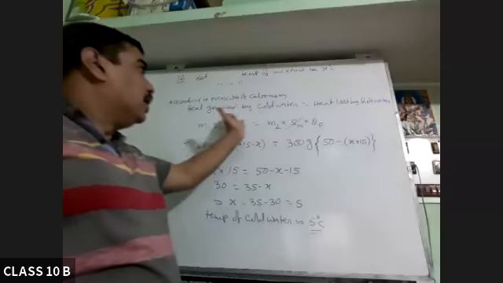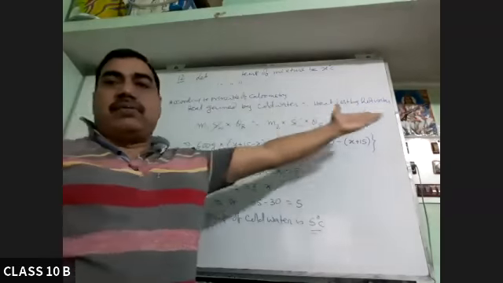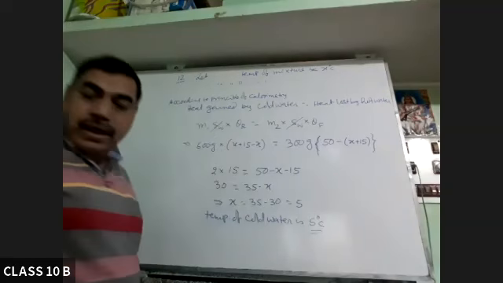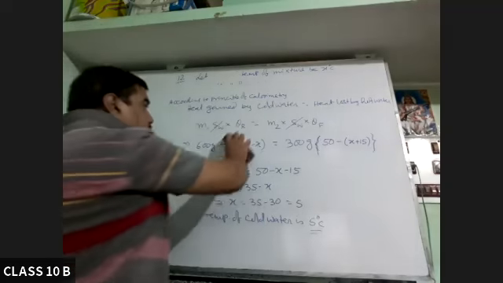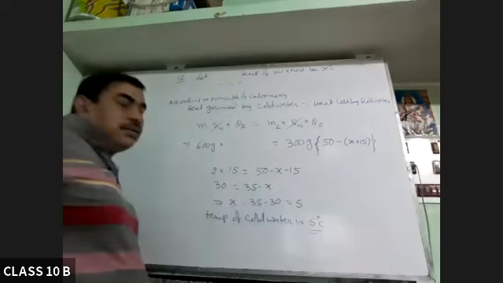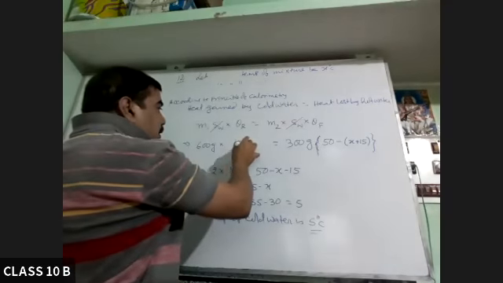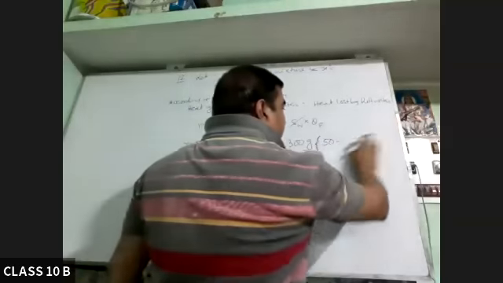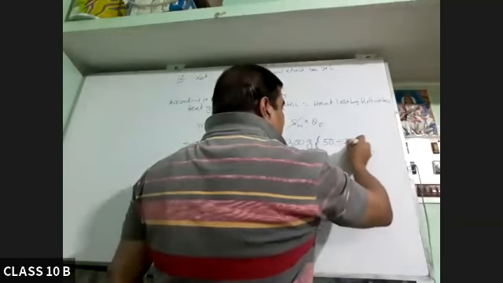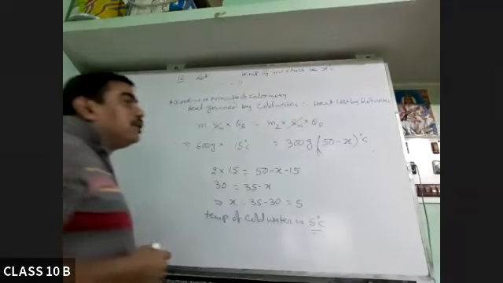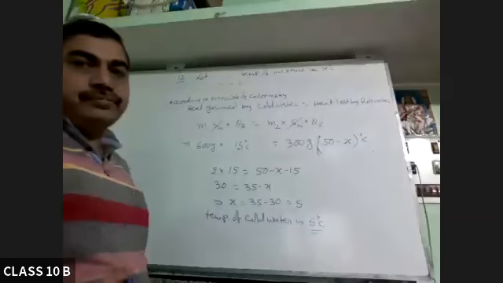So same, heat gained by cold water equals heat lost. Here the rise in temperature is directly given. So the rise in temperature is 15 degrees Celsius, and in this case it will become 50 minus x, because we have taken the temperature of the mixture as x.